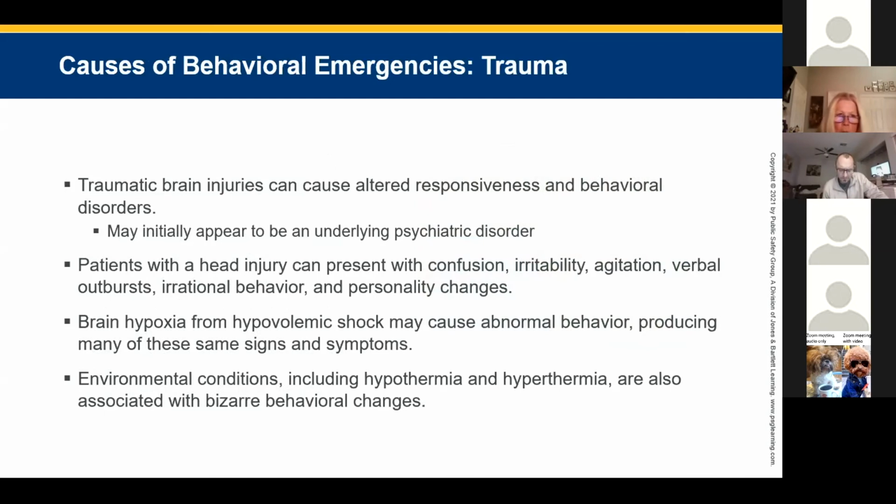Is this normal behavior? That would be up to the patroller to get that information, so you know how to treat a person. They can get agitated, confused, verbal outbursts, personality changes. My personality changes every day. But I don't think I have a head injury.